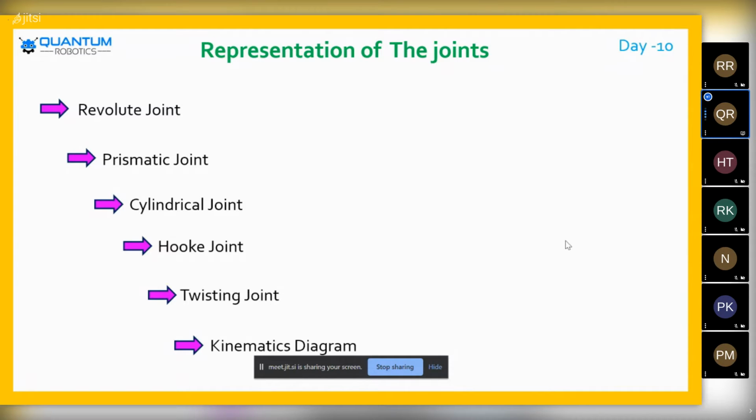We have all these representations of joints, and now we can go for a deeper discussion of how each is represented and what working capability it gives.